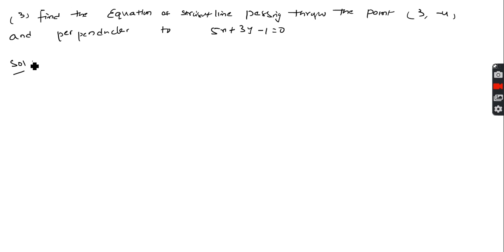So here, this is the equation. What is the form? ax plus by plus c equal to 0. This is the basic equation, and we need a line perpendicular to this line.